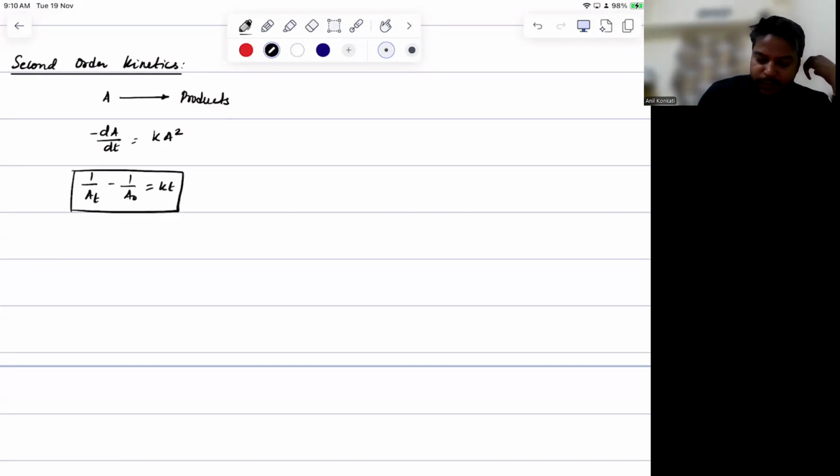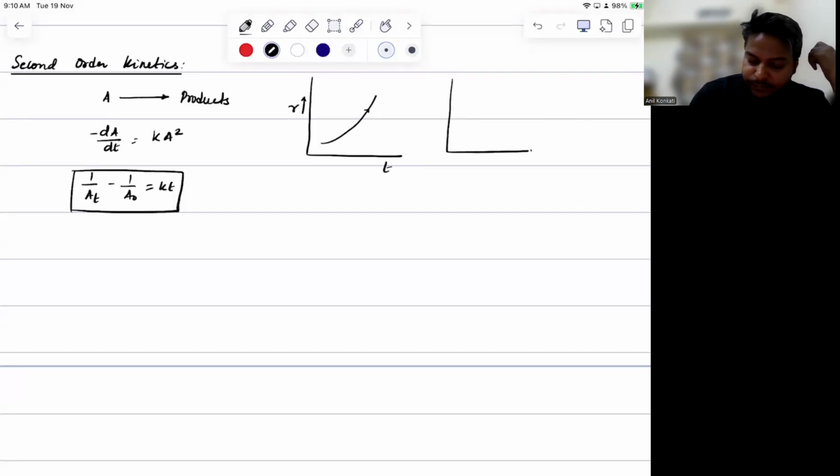Got it? So if you notice the second order kinetics graph-wise, if you check rate versus time, it will keep increasing. Next, minus dA by dt.